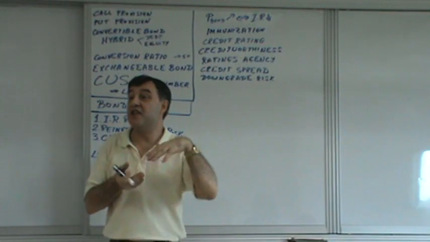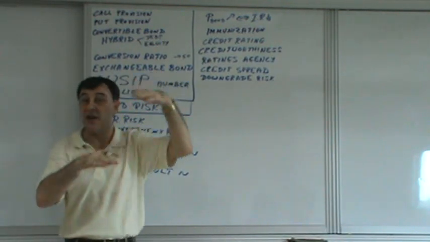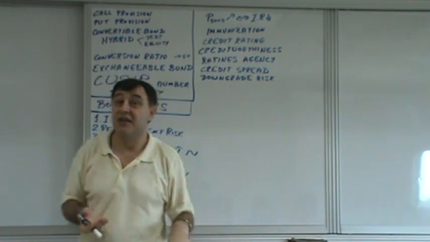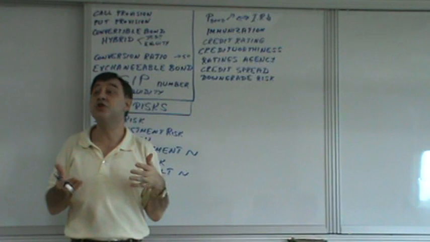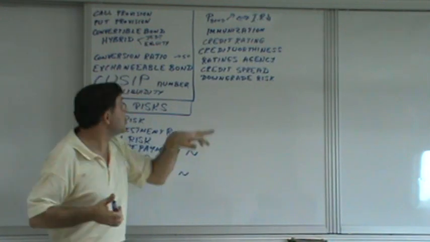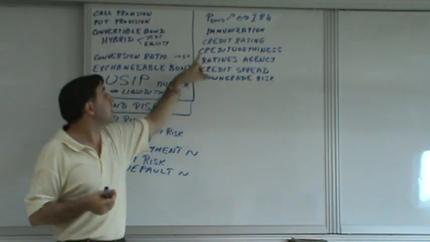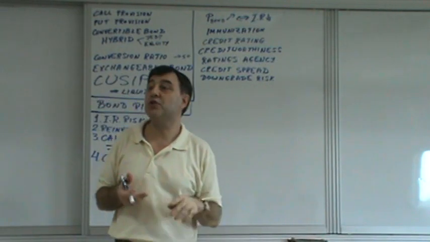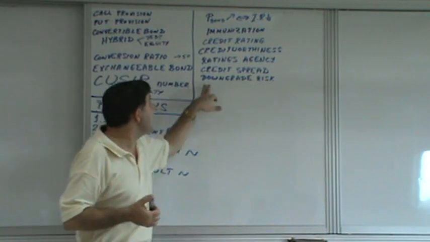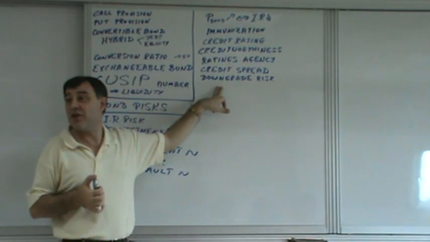So credit rating is, let's say, A, and becomes B. Just recently, a month ago, the credit rating of the United States was downgraded. So downgrade basically means lowering the credit rating of a particular issuer, a particular issue, more correctly. And downgrade risk is simply the risk of downgrading.